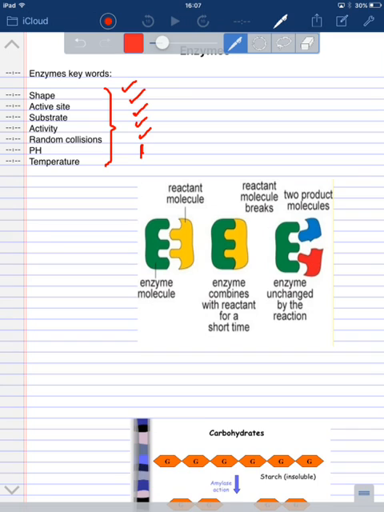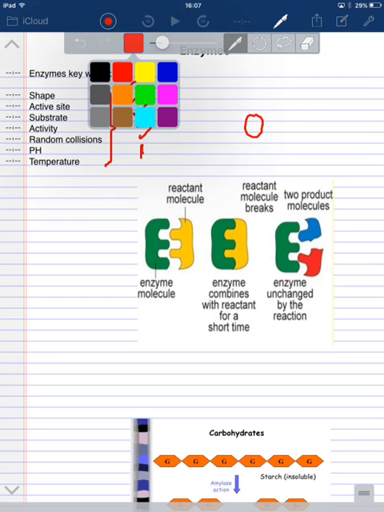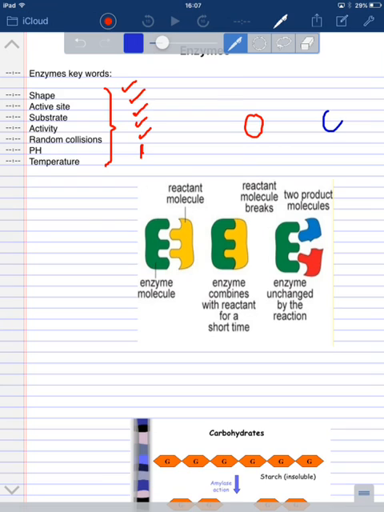So first of all, let's look at how an enzyme works. Well, an enzyme is a biological molecule that speeds up reaction rates. So imagine if we had a molecule here that was going to react with another molecule here. We have to know how that would actually happen in real life.